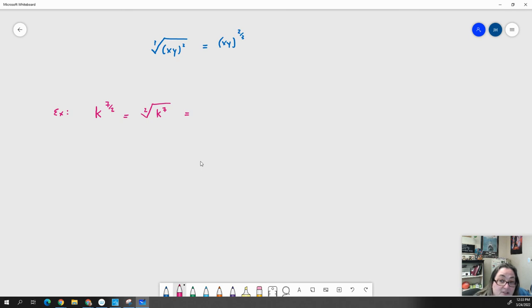So 7 divided by 2 is 3. So I'm going to have k cubed on the outside, but 2 times 3 is 6, so that means I have 1 k left over. Please let me know if you didn't follow what I just did, so that I can explain it better.